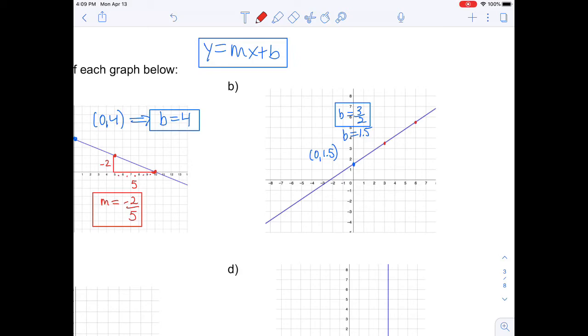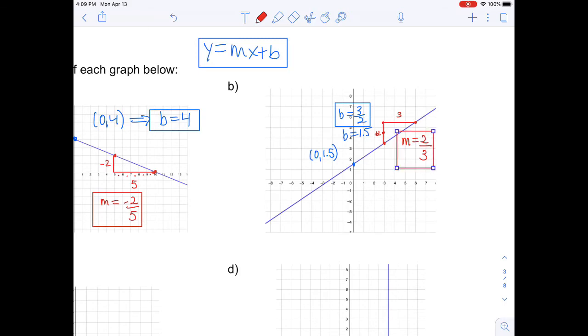I can still calculate the slope by saying it goes up 2 units and across 3 units. I can see it goes up 2 units because it goes from halfway between this square to halfway between this square to halfway between this square, for a total of 2 squares. So in this case, my slope has a rise of 2 and a run of 3.